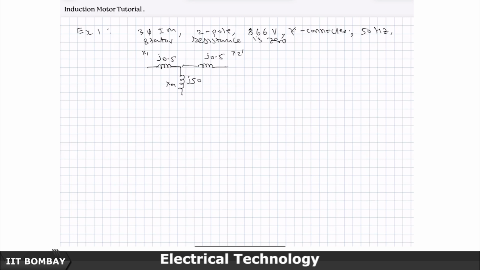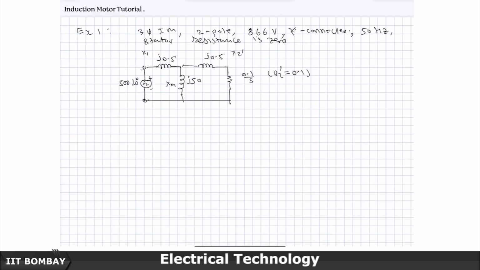The rotor resistance R2 dash is 0.1 ohms, referred to the stator, so it appears as 0.1 ohms divided by slip. And here I am applying 500 volts.